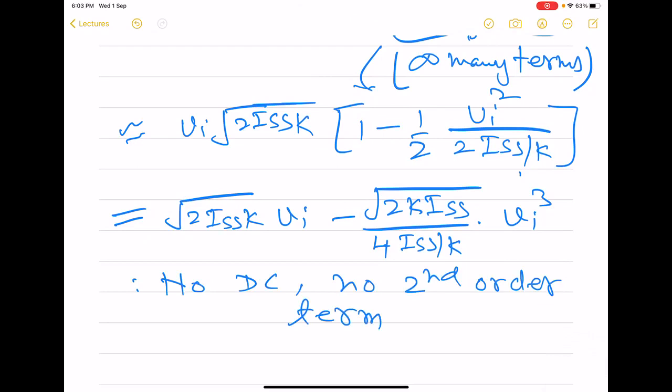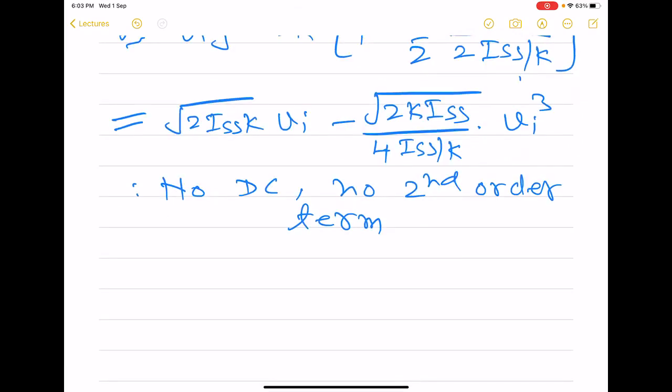And this should not come as a surprise because we had already discussed that if you go for the differential architecture, in the ideal situation, that means where both halves of the circuit are identical, there will be no even order term in the output. So that is why we are not getting any DC and second order term. This is the advantage of a differential amplifier.